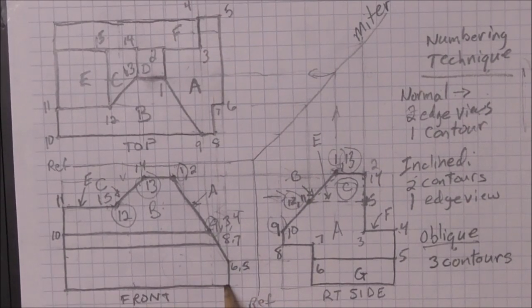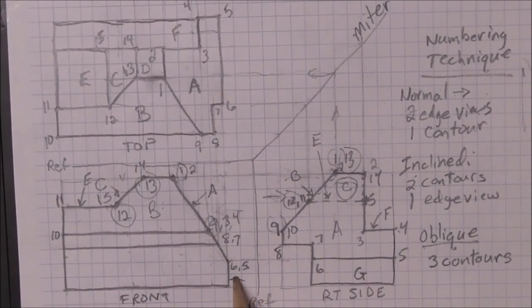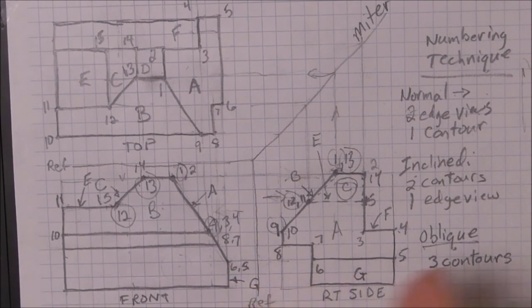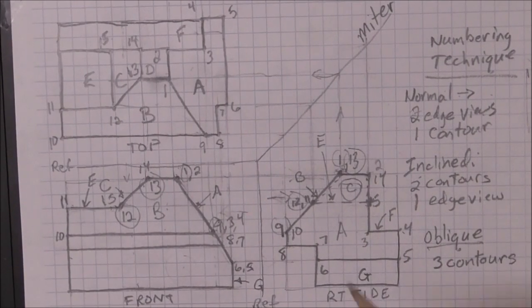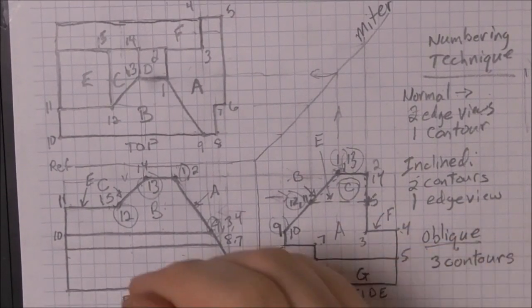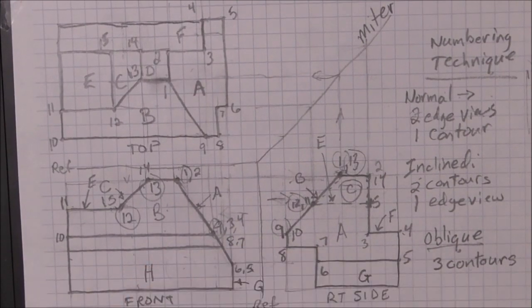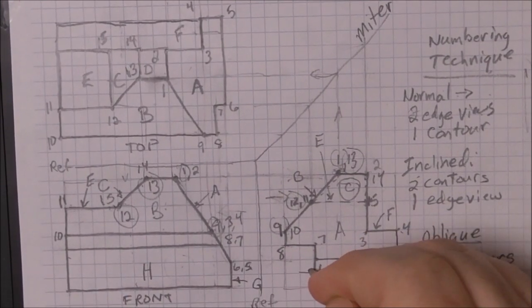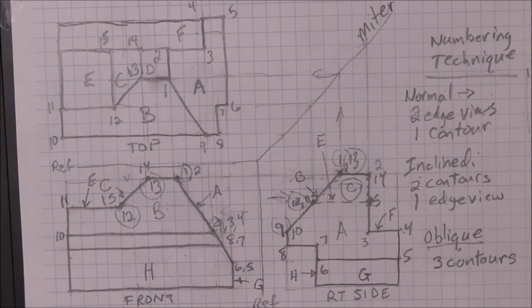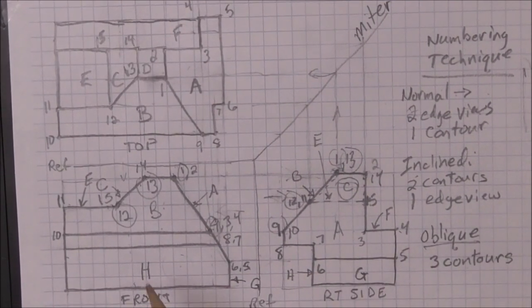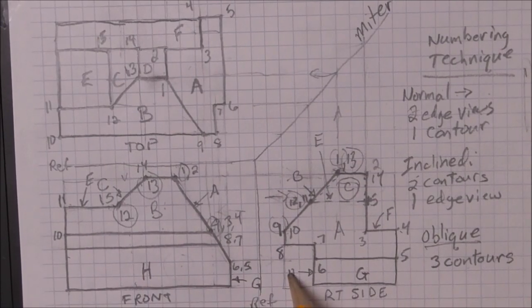This line, though, is only 2 units high, so that's G, which means G is a vertical plane facing to the right. That's a normal plane. Then this one, H, must be this line. All we have left is horizontal and vertical planes, normal planes. So that's H right there.